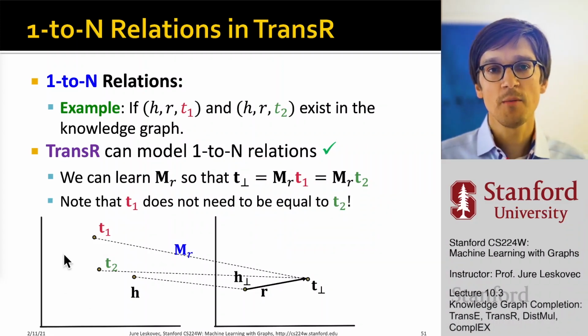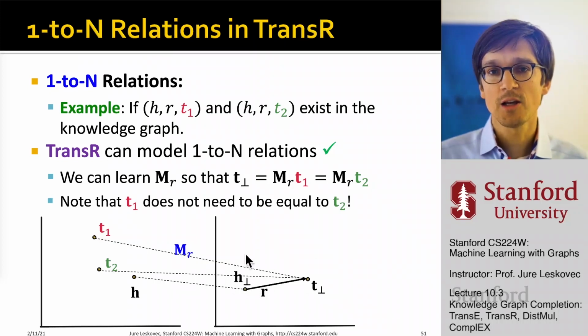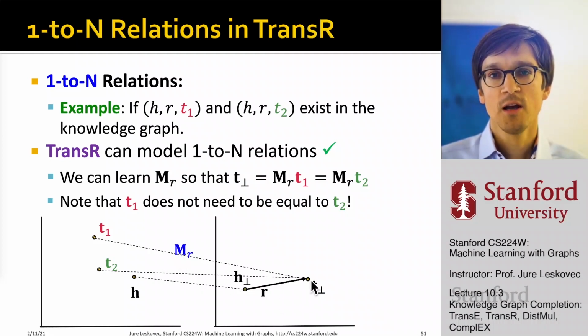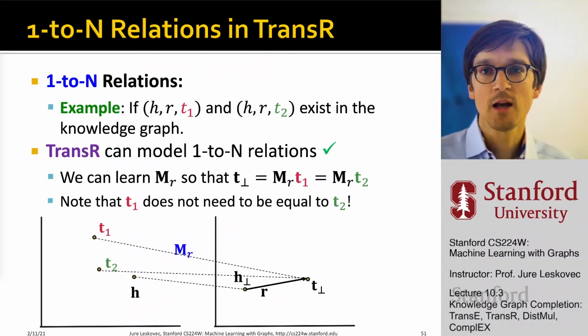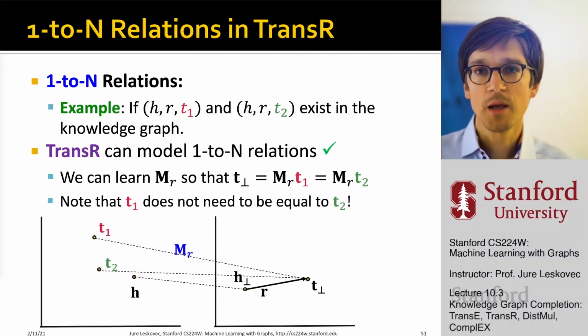In the original embedding these are two different points, but in the relation-specific embedding achieved by the transformation matrix M, I can enforce T1 and T2 to be in the same point, so these one-to-n relations can naturally be captured.